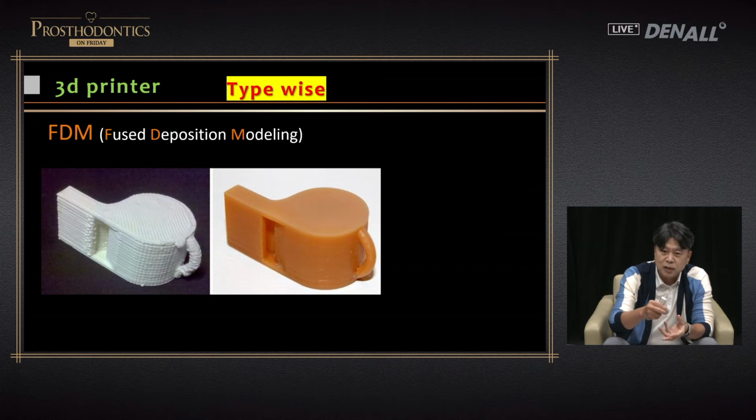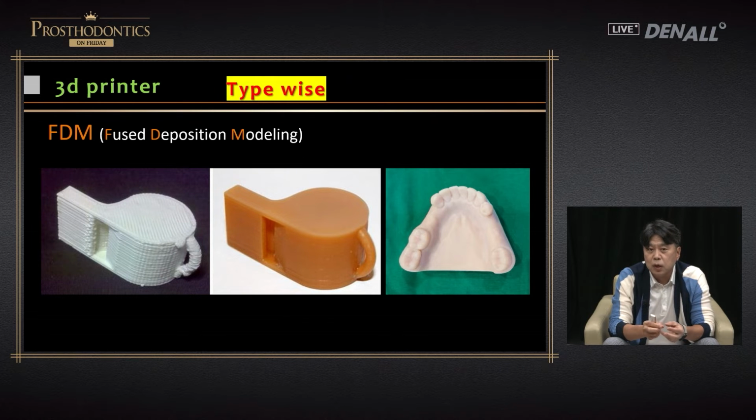The nozzle itself was thick and the technique was rough, so the whistle is printed out like in the left. It looks like a toy, but it is refined to produce something in the middle. Now, dental models can be printed out by this type without any problem. Very detailed output can be produced.